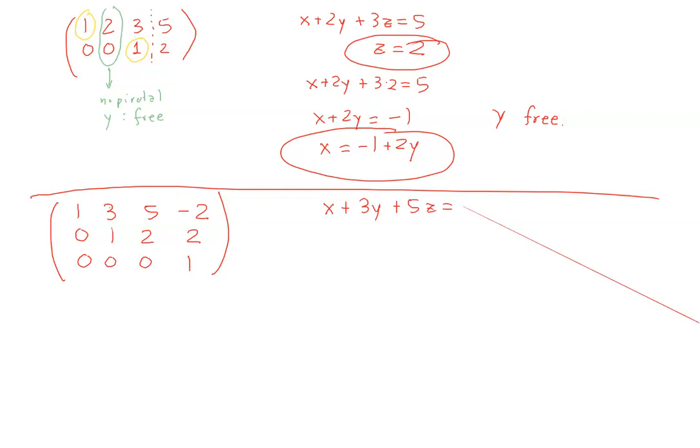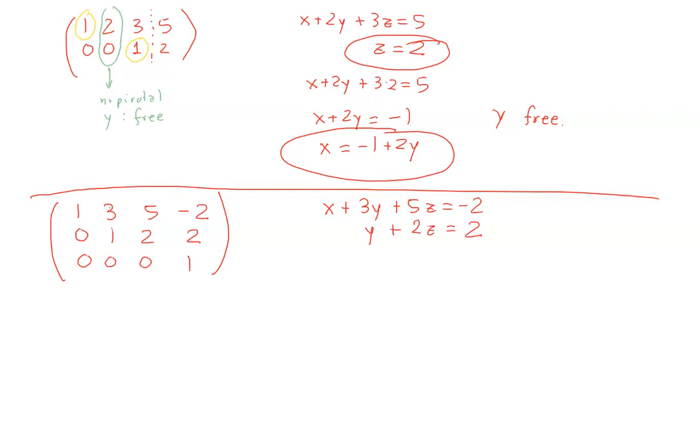So no problem here. The second equation will be x plus y plus 2z is equal to 2. But I hope you did scratch your heads about the third equation, right? There's something wrong with the third equation. What is the third equation?